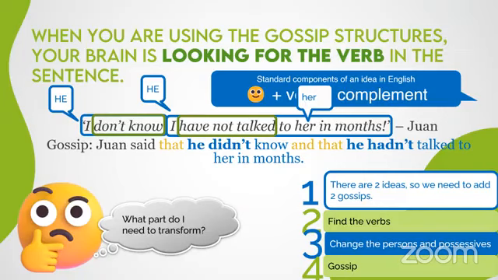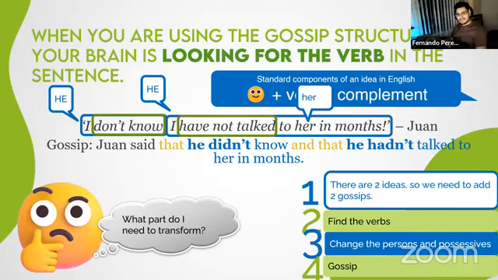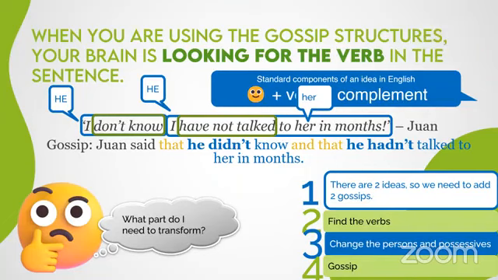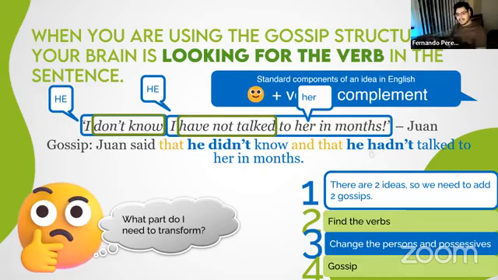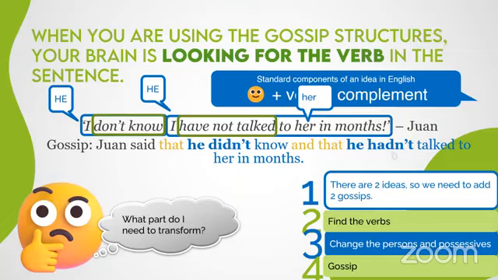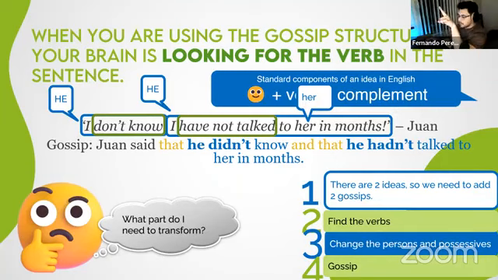Past before past is auxiliary had, which is structure number 8.